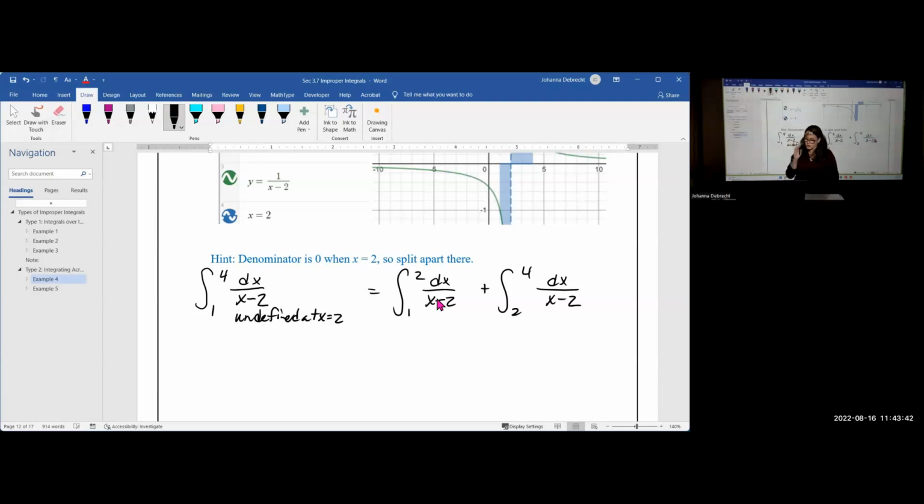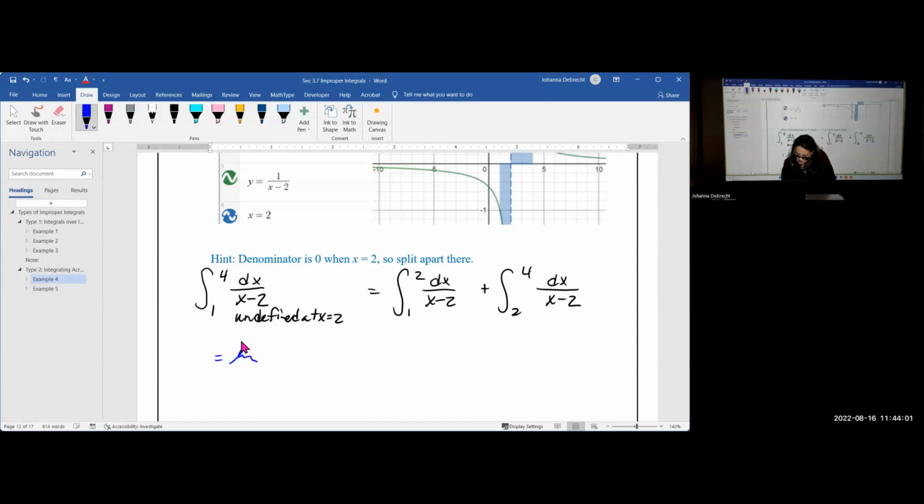Now, in order to do this, we're going to replace the improper limit of integration, which corresponds to a value that makes the denominator 0, with a dummy variable. And I'm going to use 2 different dummy variables in this case, like I did the last time.